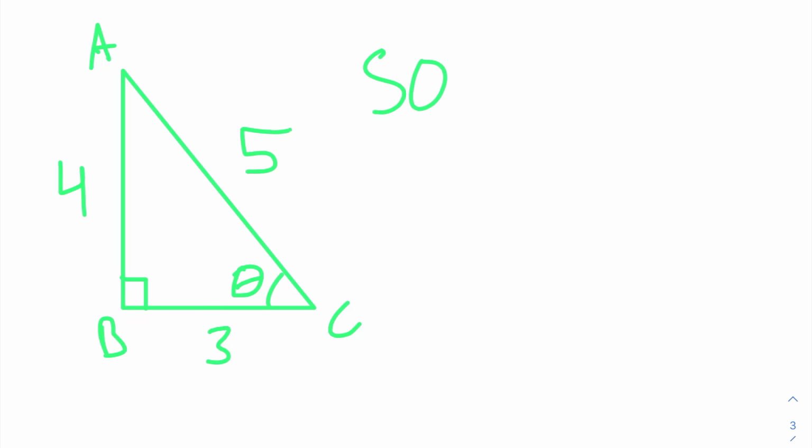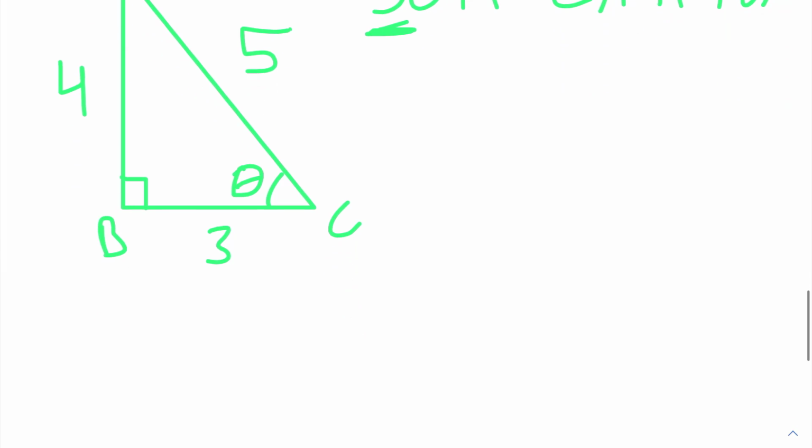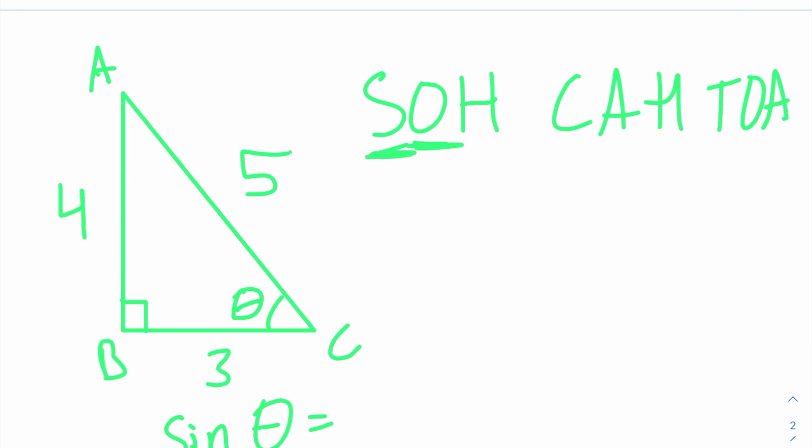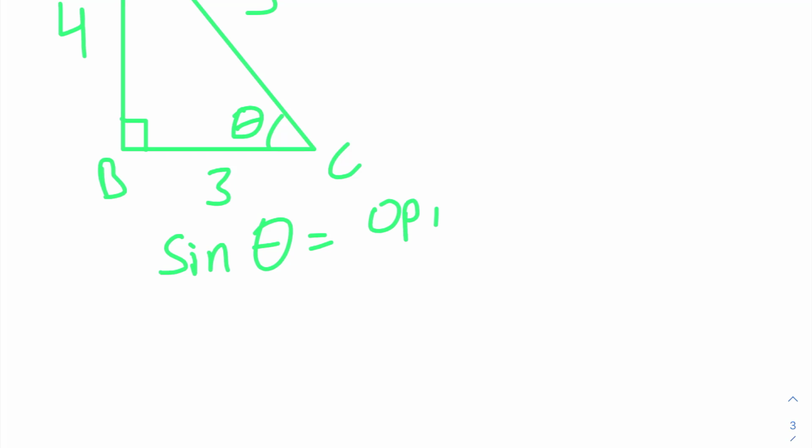If we use our mnemonic SOHCAHTOA, it tells us the sine theta is equal to the opposite over the hypotenuse.